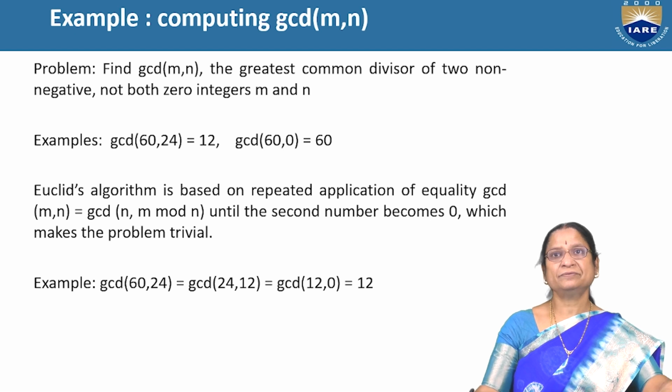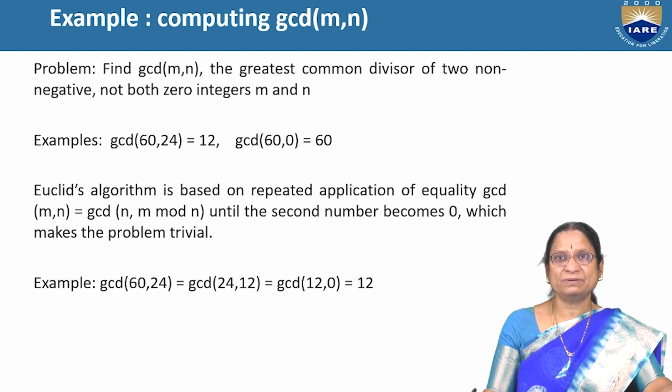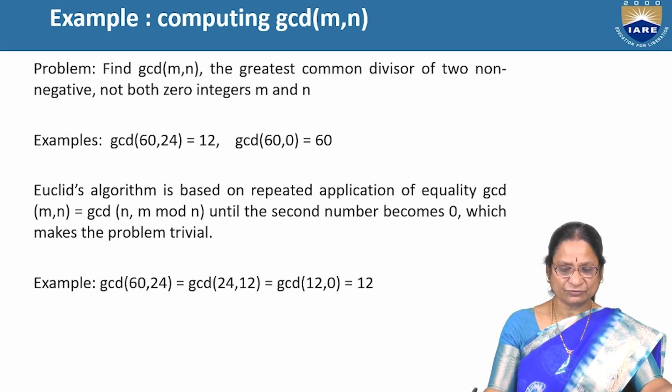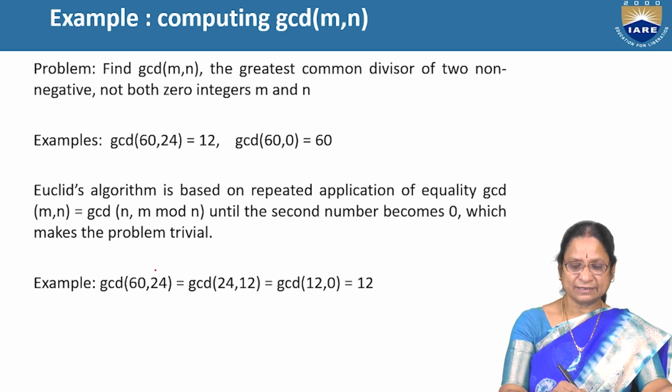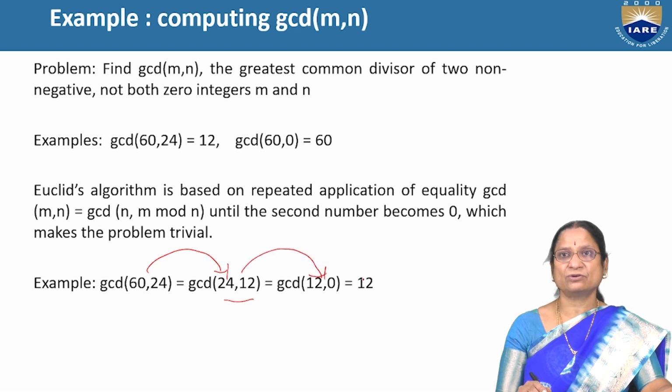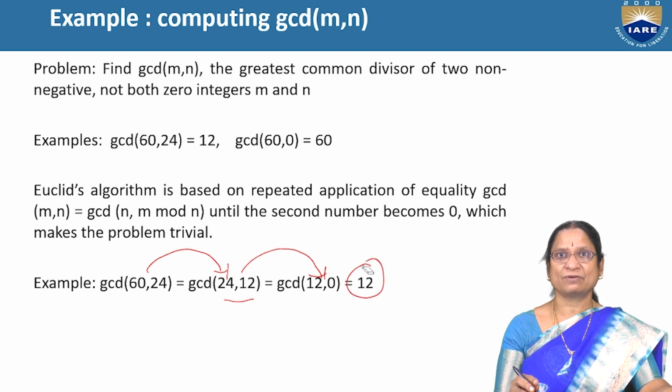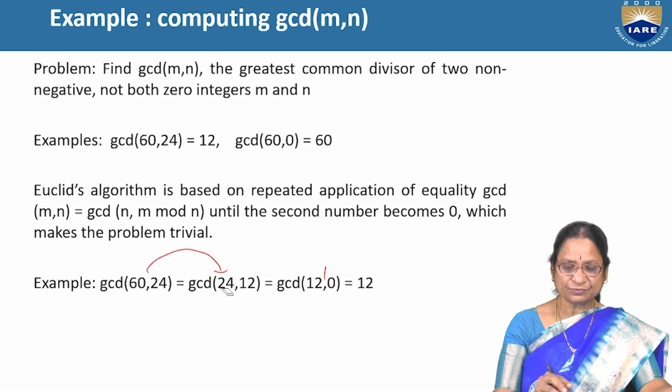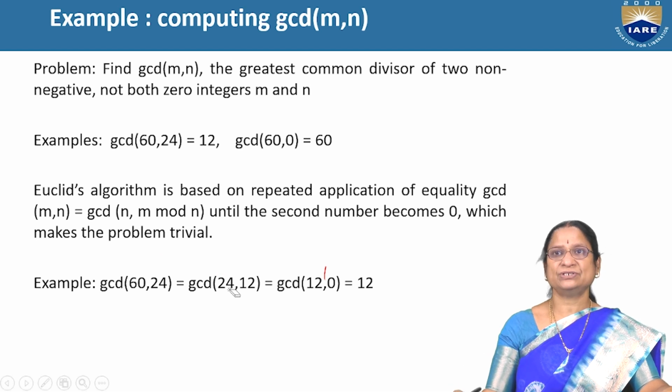If the second becomes 0, that means the remainder is 0 and the problem is trivial, so whatever the divisor is, that is the GCD. So GCD of 60, 24 results in GCD of 24, 12, which is GCD of 12, 0. We will stop. So what is the GCD? GCD is 12.